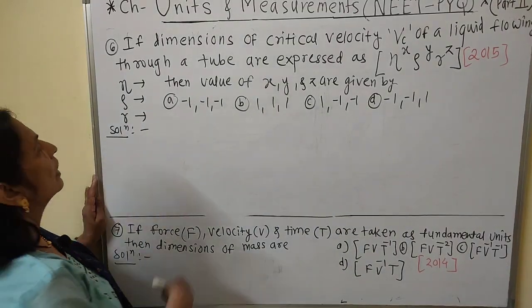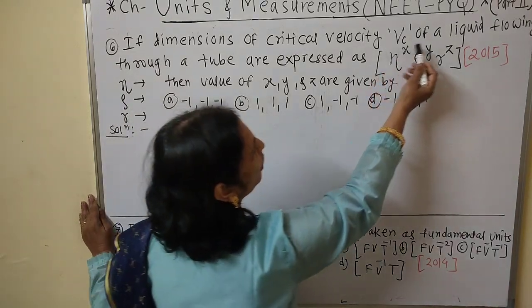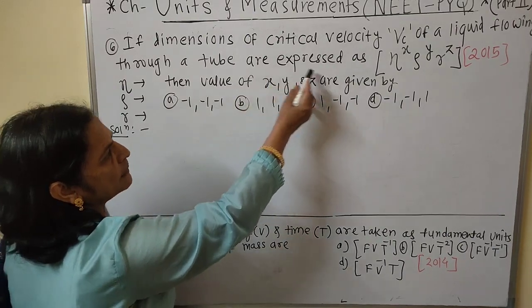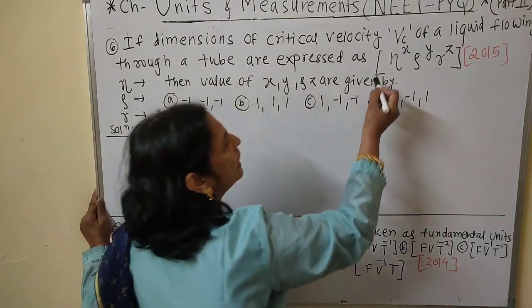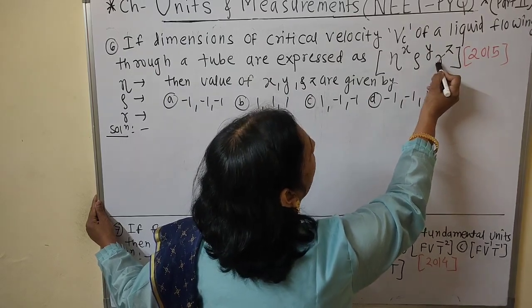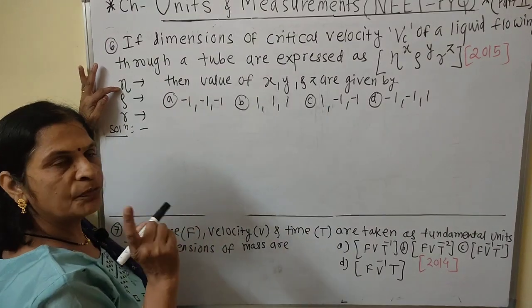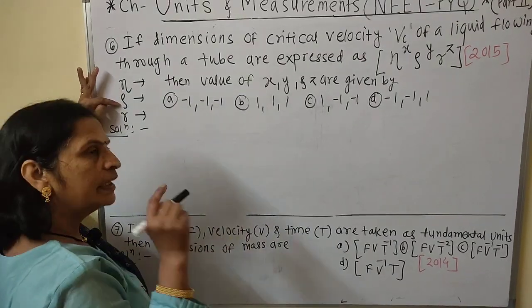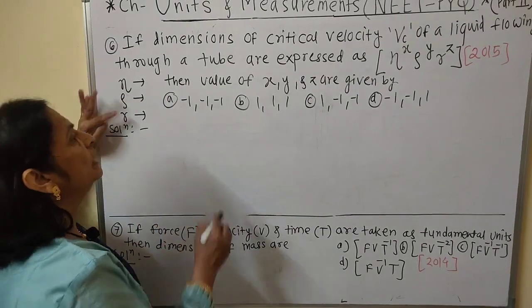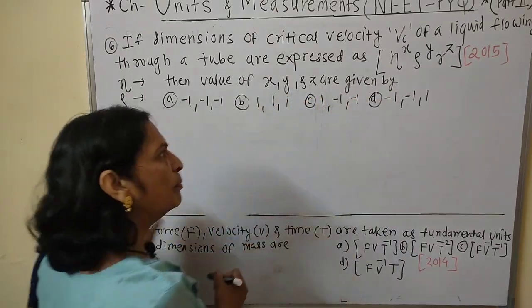Next, if dimensions of critical velocity Vc of a liquid flowing through a tube are expressed as eta raised to x, rho raised to y and r raised to z, where eta is coefficient of viscosity of liquid, rho is density of the liquid and r is radius of the tube, then the values of x, y and z are given by.